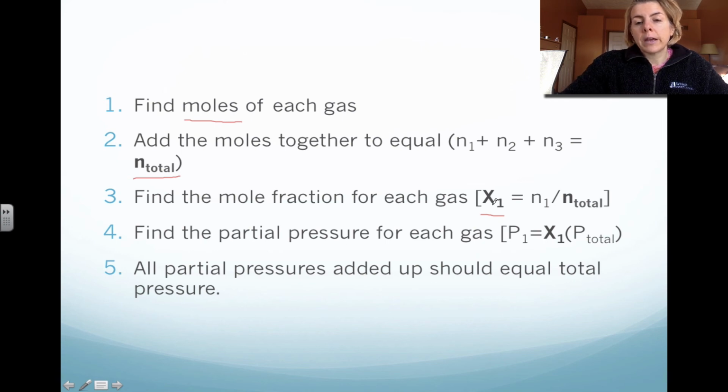Then you take that x sub 1 and multiply it by the total pressure to give you the individual pressure. There are a couple of different ways you can do things. You can add up the individual pressures to give you the total pressure, or you could subtract to find a missing pressure. We will practice those kinds of problems in class.